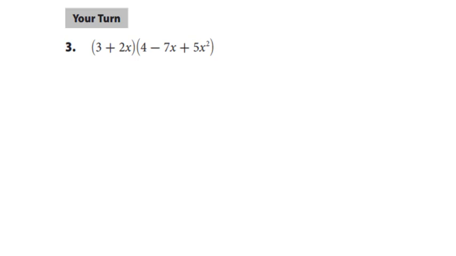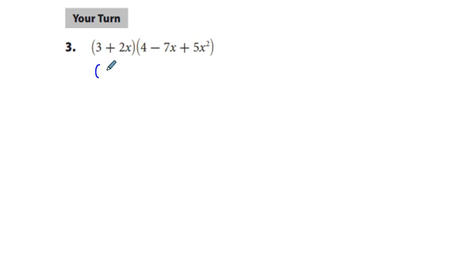Okay, I'm going to go over these next two examples here, and I invite you just to pause the video and see if you got it right. Well, here, for the first one I'm going to use the horizontal method, like demonstrated earlier. I'm going to write each of these factors in standard form.